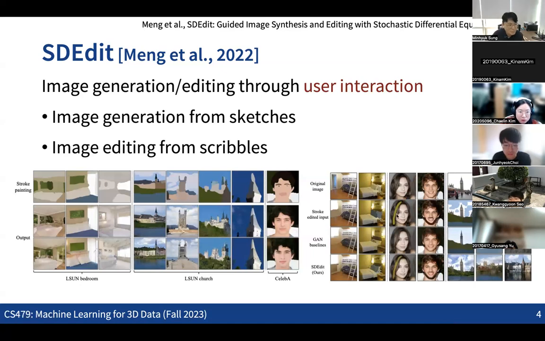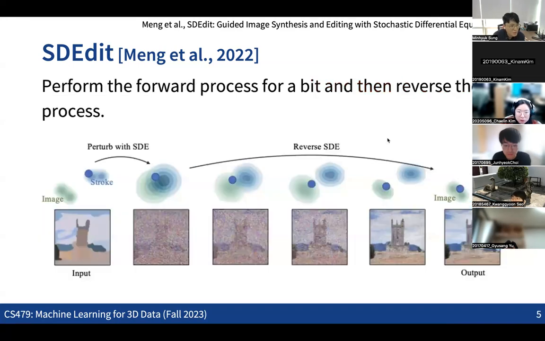But the technique is very simple: just run the forward process and then run back the reverse process. From a slightly unrealistic image, we perturb the image, adding some noise through our forward process. But we are not adding the noise until the end.